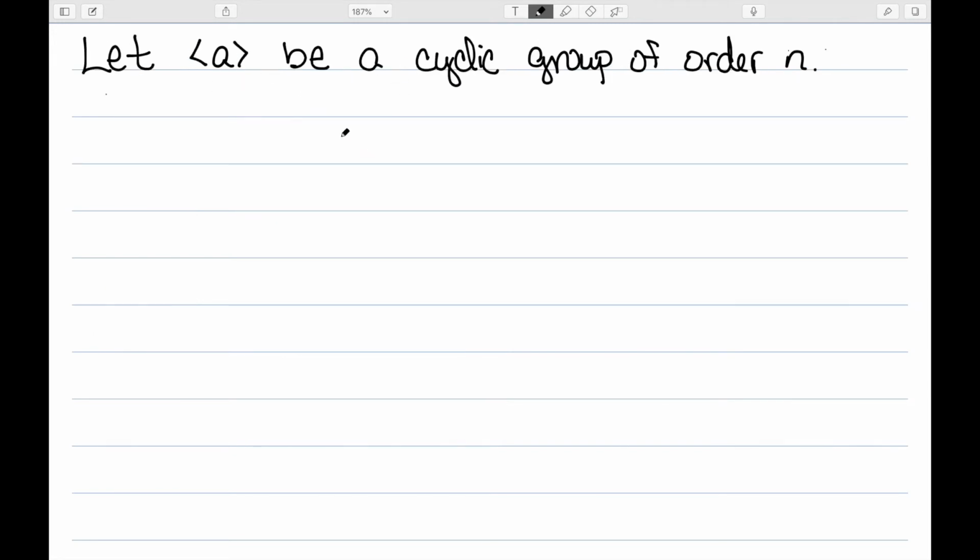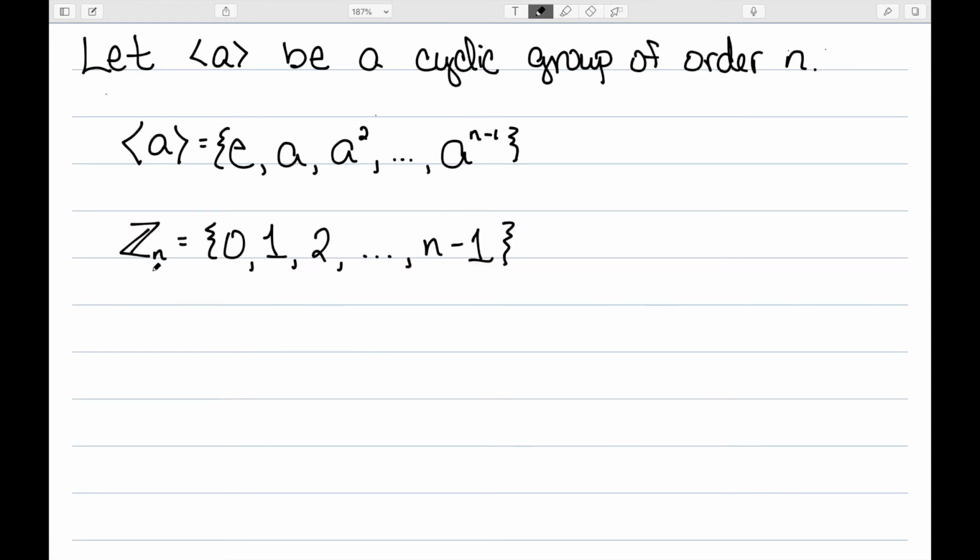Let's consider a cyclic group of order n generated by A. This means I know that this group consists of the elements e, a, a squared, a cubed, etc., all the way up to a to the n minus 1. We also know that Zn consists of the elements 0, 1, 2, 3, etc., up to n minus 1.